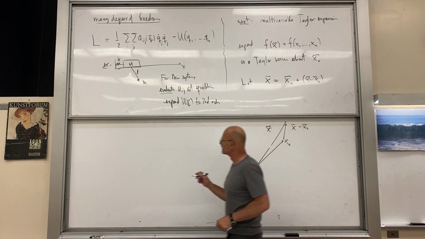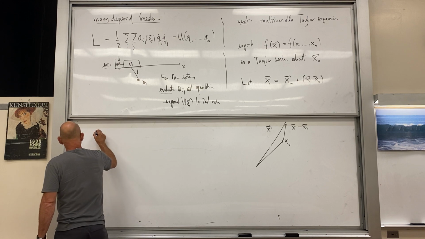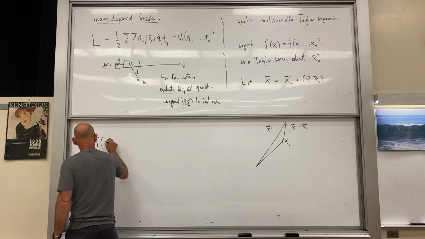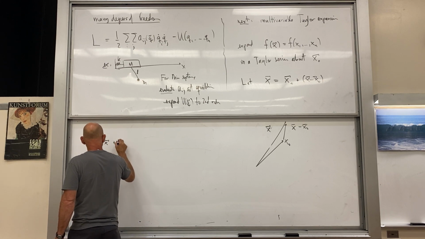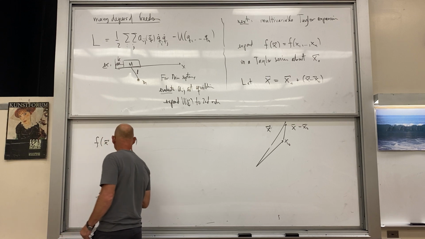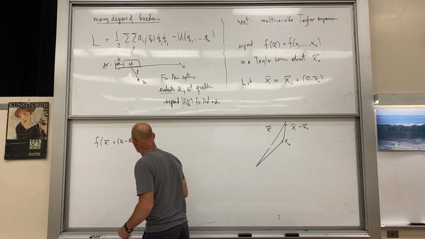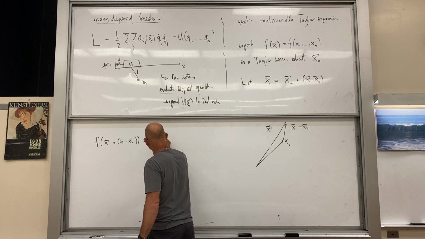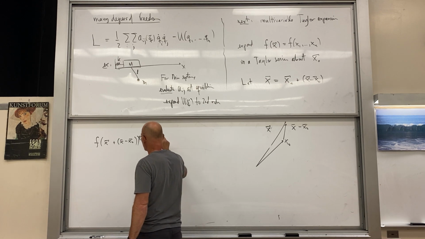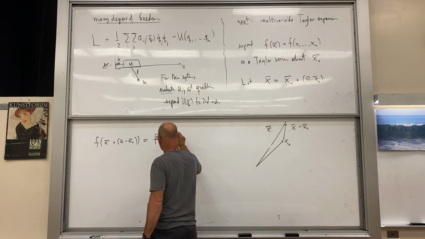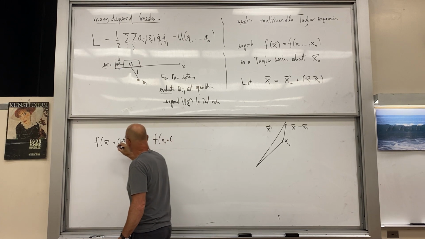So here we go. We have f of x plus x minus x0, and I'm going to write this out so you see what's going on here. We have x1 plus, this is an x0 here.